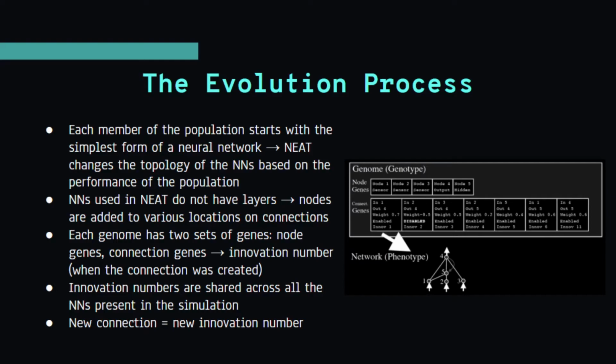And the cool thing is that innovation numbers are shared throughout the entire simulation. So the one individual with the connection of 1 to 4 will have the same innovation number as another individual with the connection of 1 to 4, and they will know that they have the same innovation number.